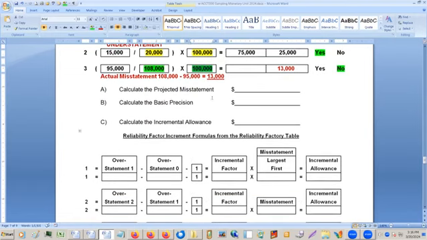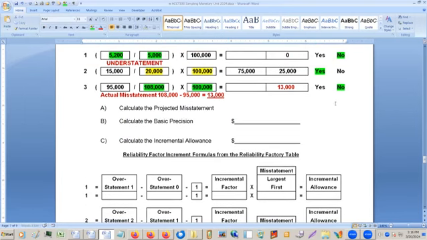So our projected misstatement will be 0 plus 25 plus 13 is 38,000. And this is our best estimate of what this is off by.